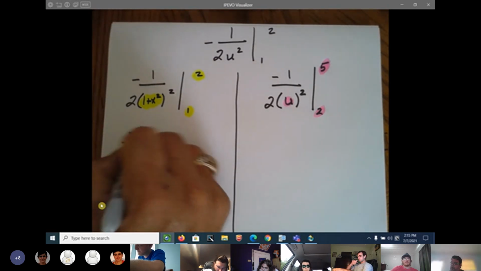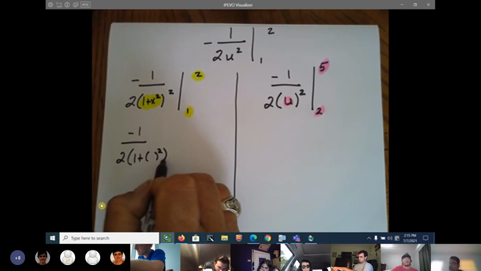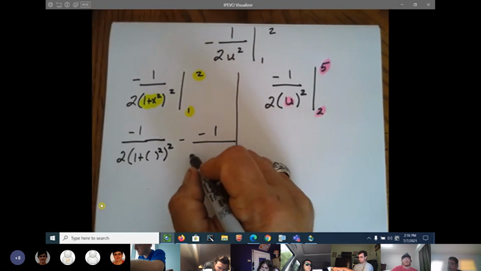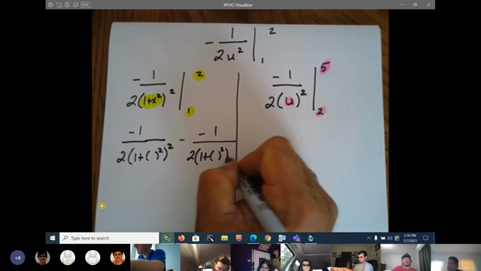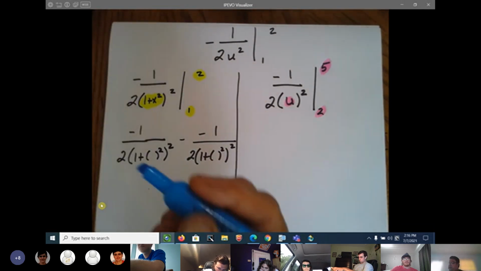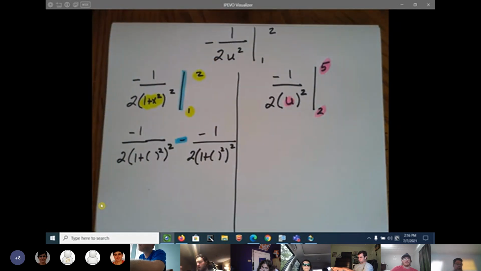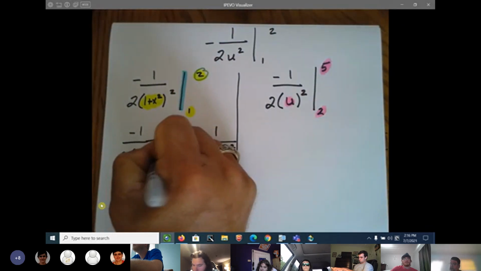-1 over 2 times 1 plus parentheses squared minus -1 over 2 times 1 plus parentheses squared. And we all know that this big line represents subtraction. And we know that the top guy is 2, so he goes right here.